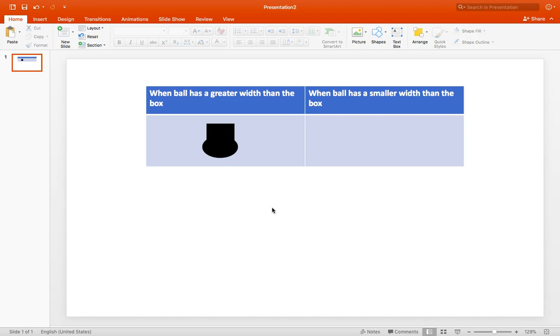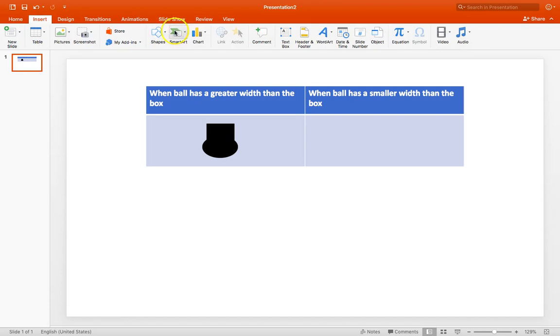And when the ball has a smaller width than the box, the shadow cast will just be the shadow of the box.